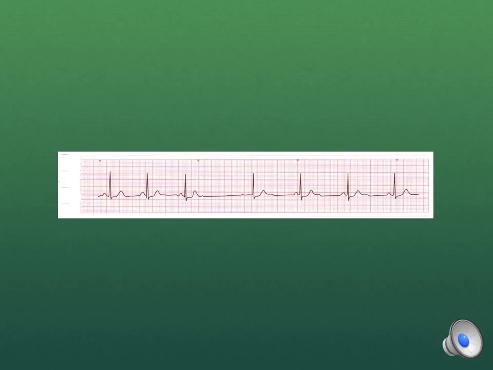And we have a narrow complex there with the same T wave as the preceding complexes. So due to that pause before this complex, it looks like it's probably a sinus bradycardia with a junctional escape beat. After that junctional escape beat, it looks like our SA node resumes its pacemaker responsibility.